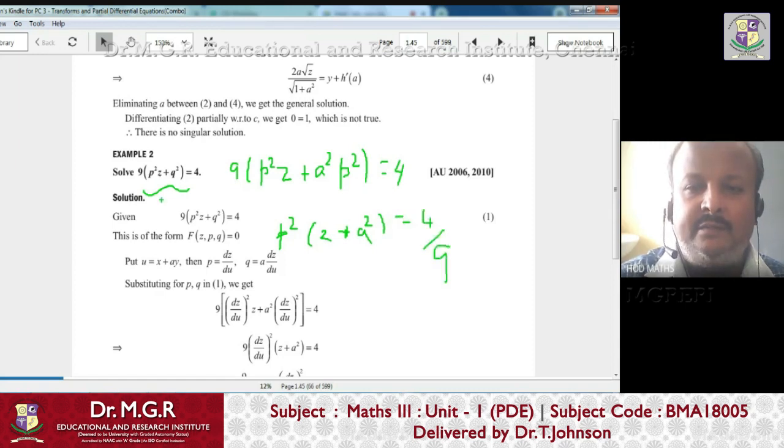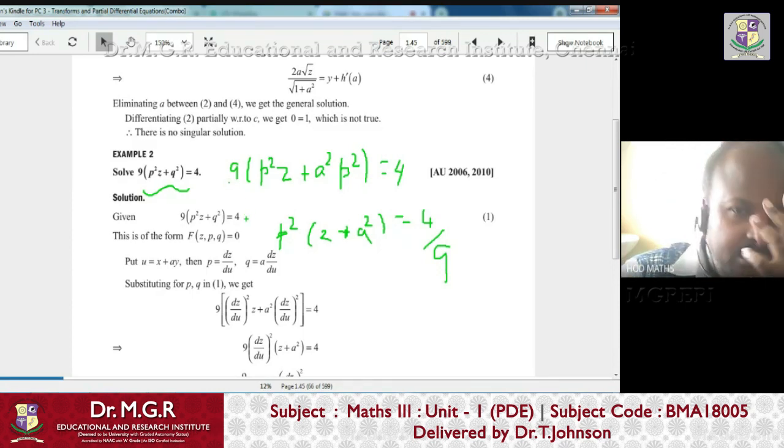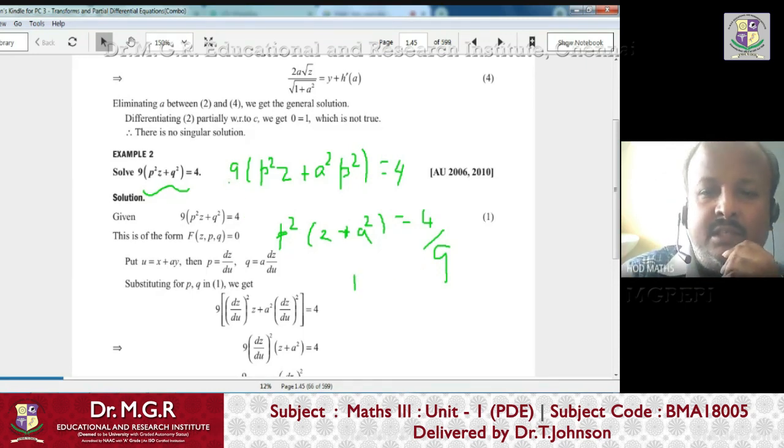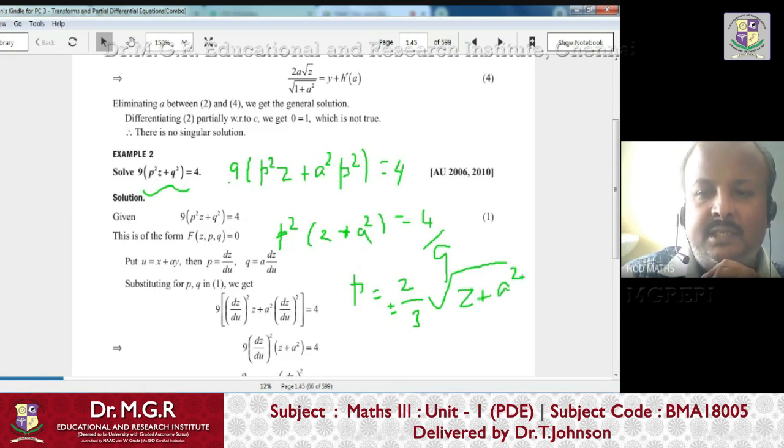This 9 comes from here, right? So p square times z plus a square equals 4 by 9. In other words, p can be written as plus or minus 2 by 3 square root of z plus a square. So this is the p value.